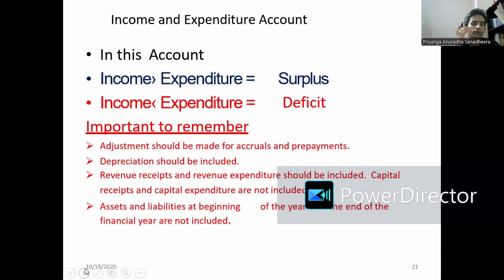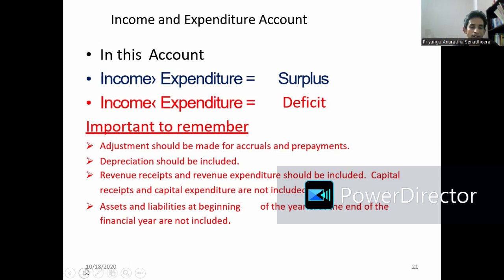Okay, we have come to the very important thing, the income and expenditure account. Remember, if incomes are more than expenditure, it is known as surplus, and if incomes are lesser than expenditure, it is called deficit. Some important things to remember when you prepare an income and expenditure account: adjustment should be made for accruals and prepayments.